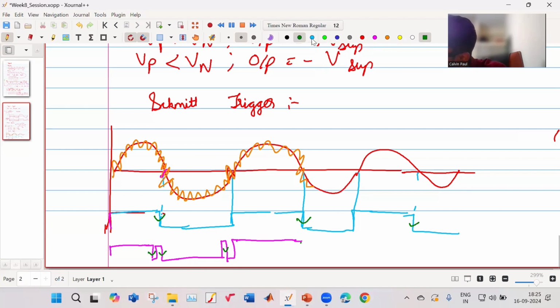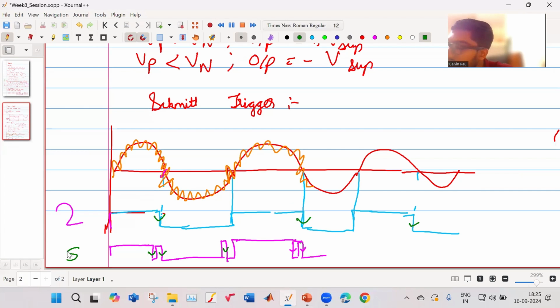Over here also it will fall, and it may again rise, again fall. So in the original signal there were 2 falling edges, but in what we got, we are getting 5 falling edges. So when we use these falling edges to measure the frequency, we will get an error.